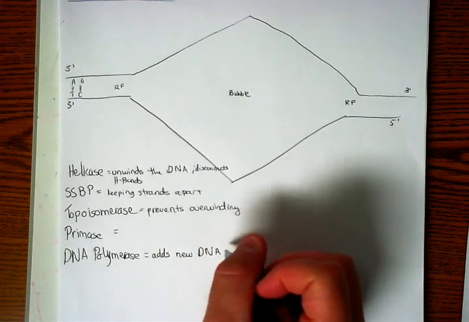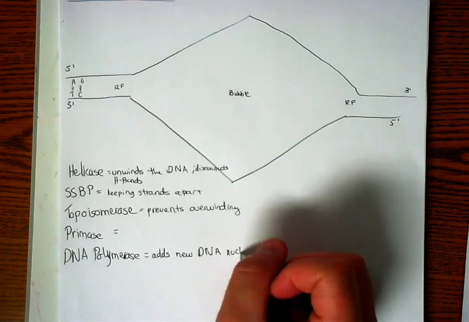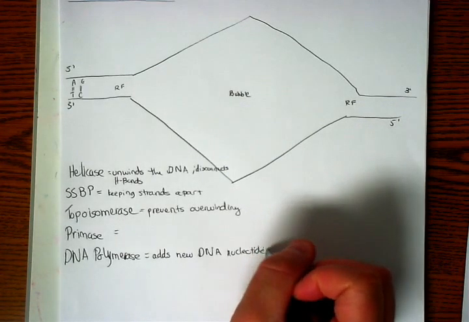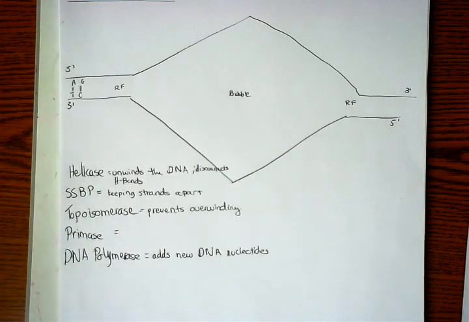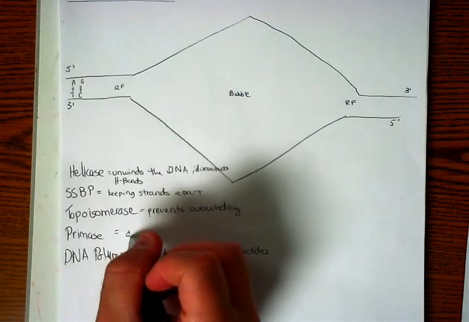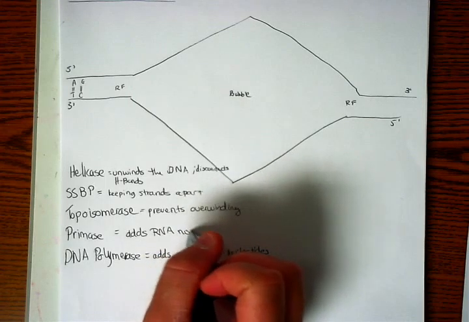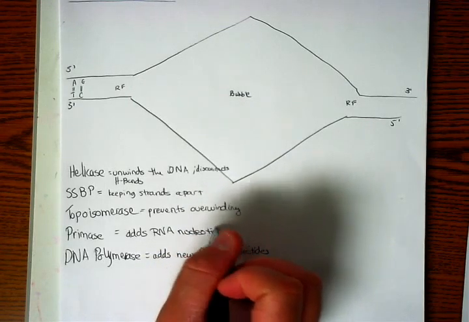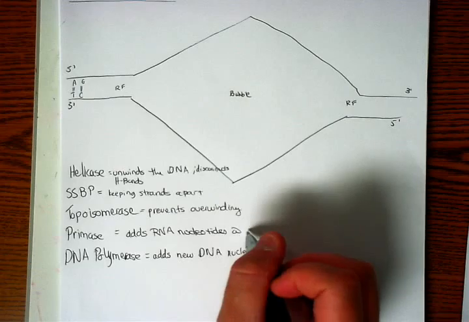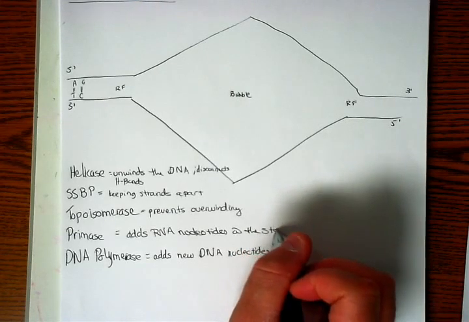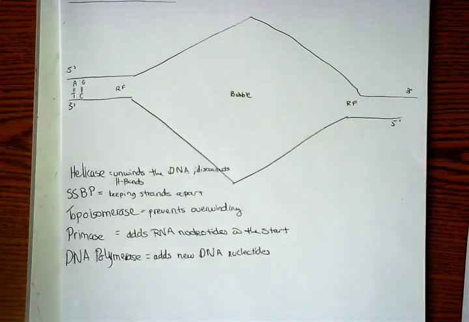It's what adds new DNA nucleotides, one by one. And primase, what does it add? Adds RNA nucleotides at the beginning. So at the start, it adds the RNA nucleotides.